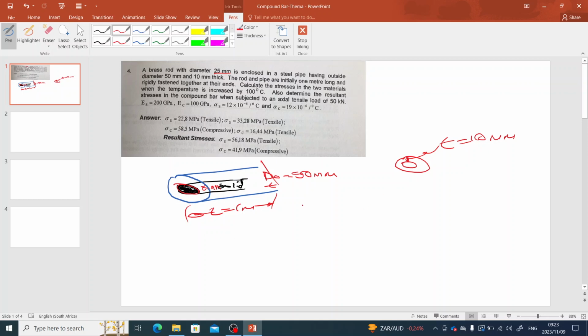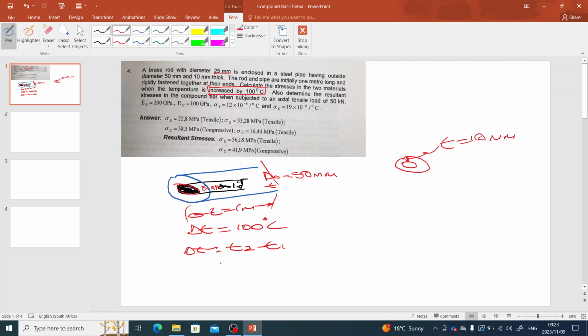They want us to calculate the stresses in two materials when the temperature is increased by. Now, whenever you see the words increase by, you need to understand that what is given is the change in temperature. How do we calculate the change in temperature? It is T2 minus T1.